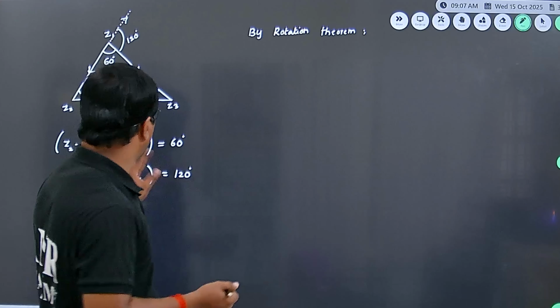All three sides are equal in length, and the vertical angle is clearly 60 degrees.